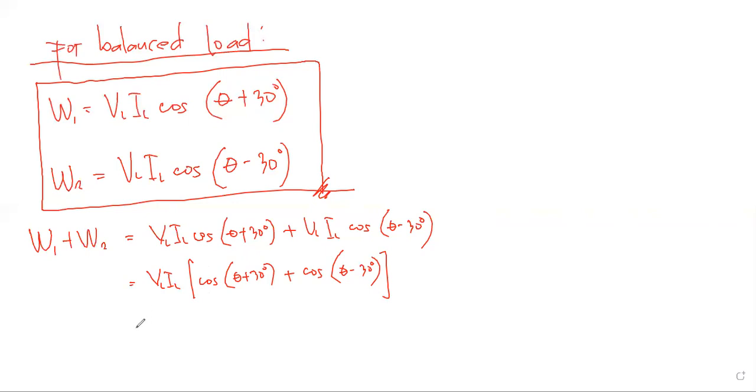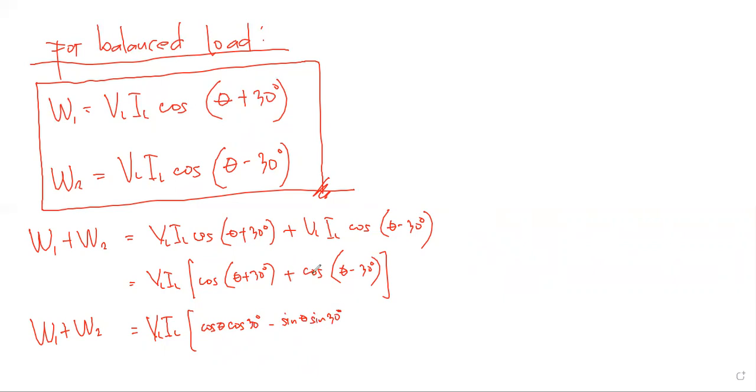Okay, so now using the identity from your trigonometry, this one can be expanded as cosine theta cosine 30 minus sine theta sine 30.